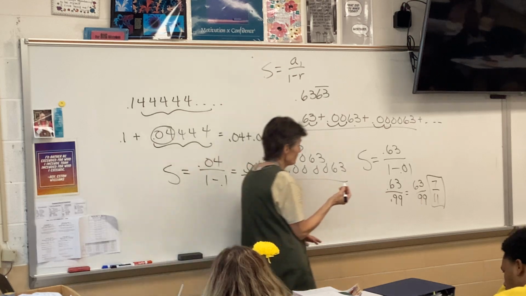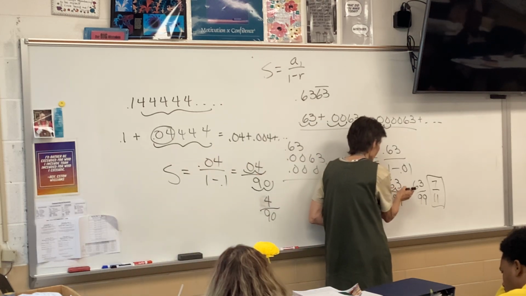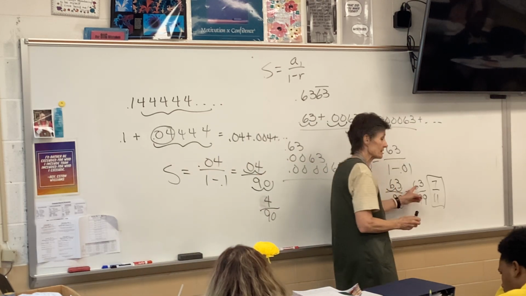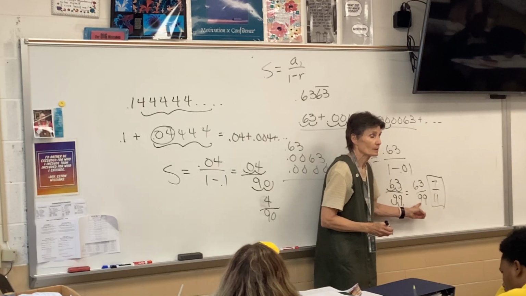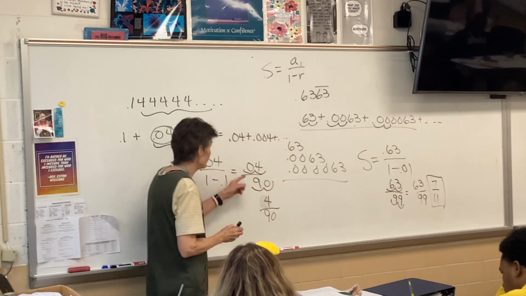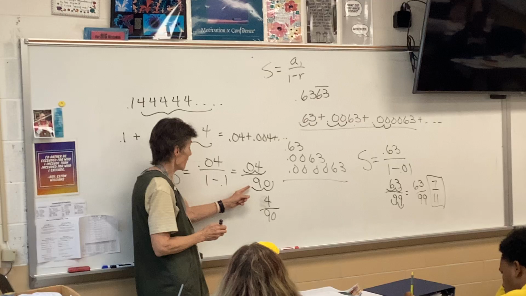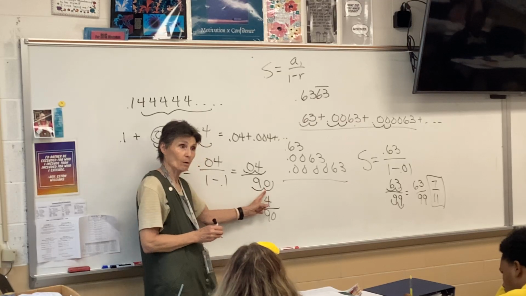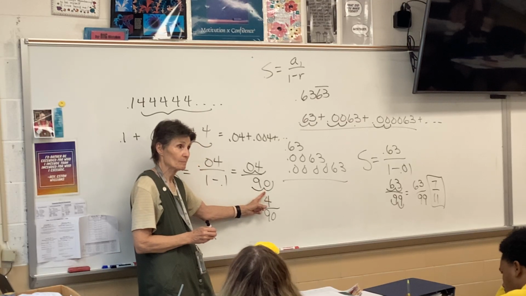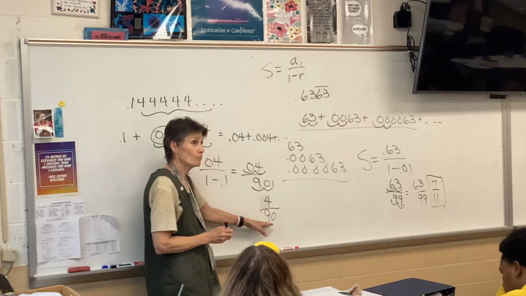Over here, I moved them both 2 places, and I got 63 over 99. Here, I have to move them both 2 places, but that means adding a 0 on the bottom. So I have 4 over 90.